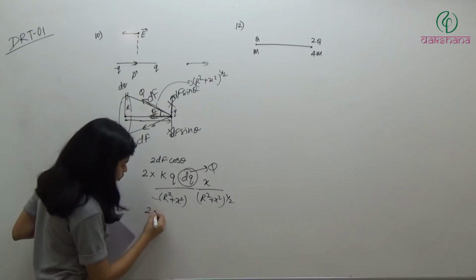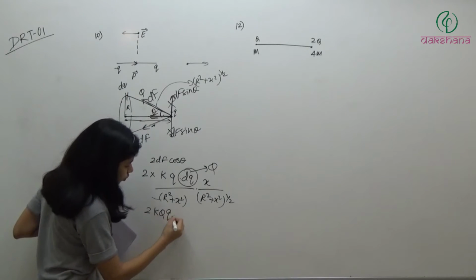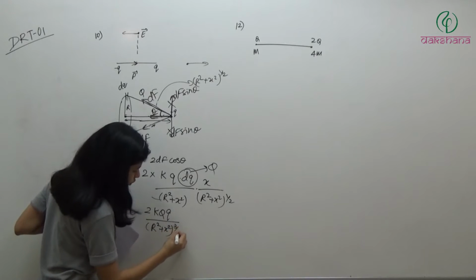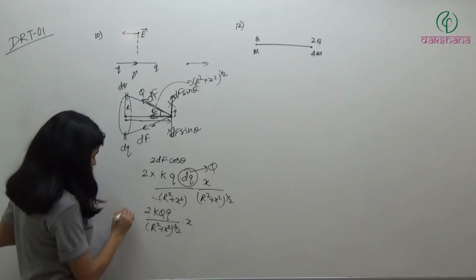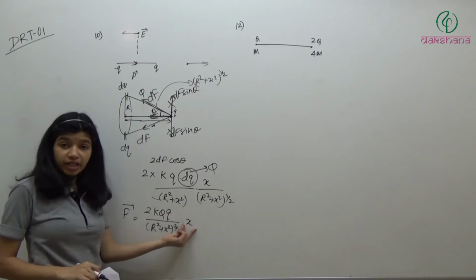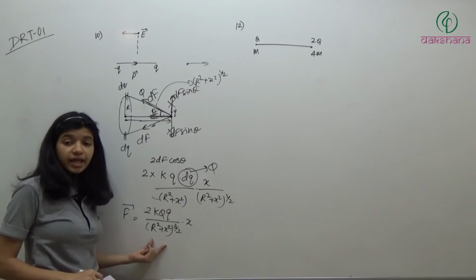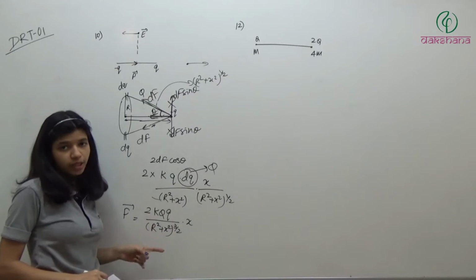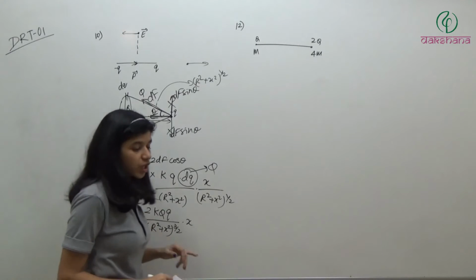So we will have 2k q x by r square plus x square to the power 3 by 2, and here also we have x. So now the force has a proportionality with x, but there is also an x in the denominator. So it is not the equation of SHM. It is not completely the same as the equation of SHM.